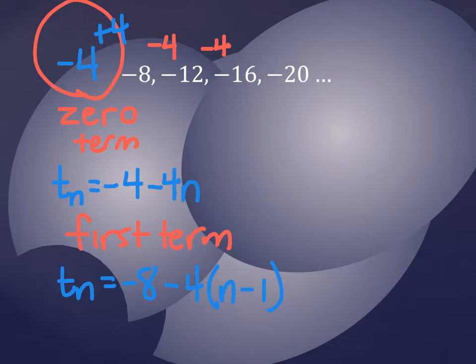And then the last kind is recursive. And the recursive is just how we talk about this one. We're like, okay, the first term is negative 8, and it grows by taking the one before it and subtracting 4.